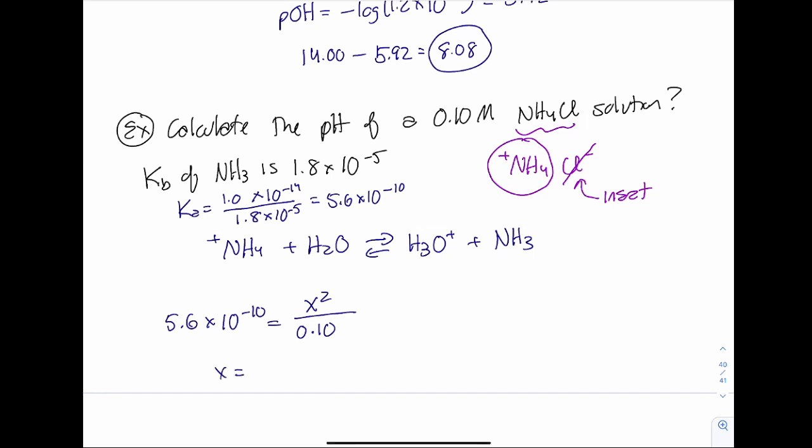So solving for x, typing into my calculator here. And I got 7.5 times 10 to the negative 6. I do want to check my math here.